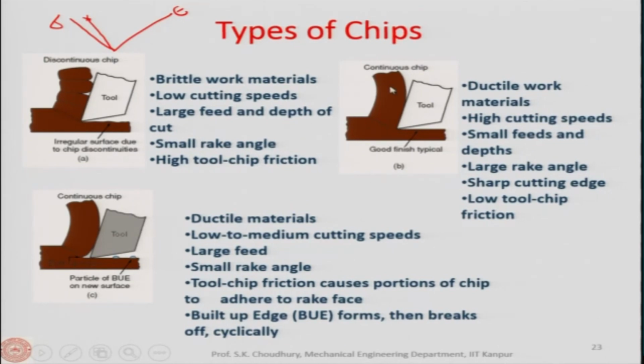So the chip, which is very hot, I repeat once again, hot because of the plastic deformation in the shear zone, and additionally because of the friction between the chip and the rake face of the tool, that heat will be conducted to a large extent to the tool, because the chip while flowing is in direct contact with the tool all the time, since it is a continuous chip.